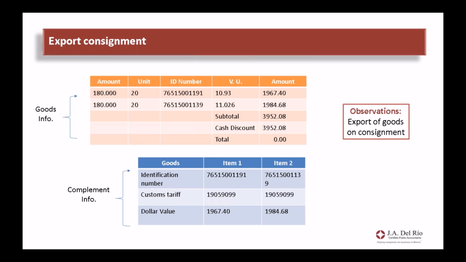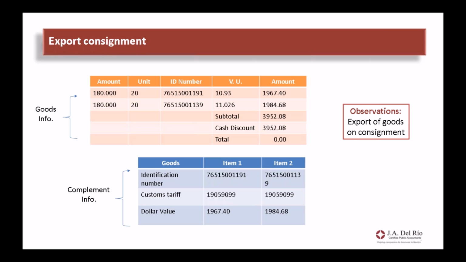It is an exportation that you are doing on consignment. And on the complement information, you have to put the information related to the merchandise, like the identification number, the customs tariff, and the dollar value, even though the dollar value might not or will not match the total value that you use on the orange part, on the information of the electronic invoice.